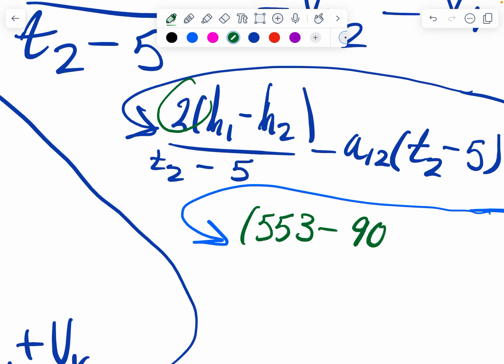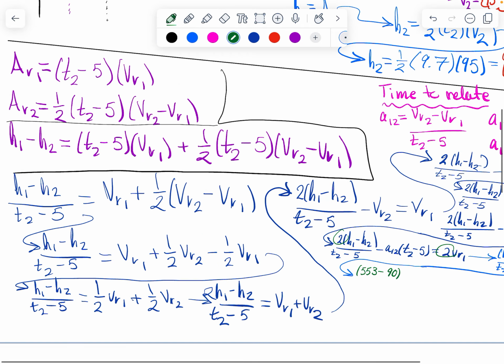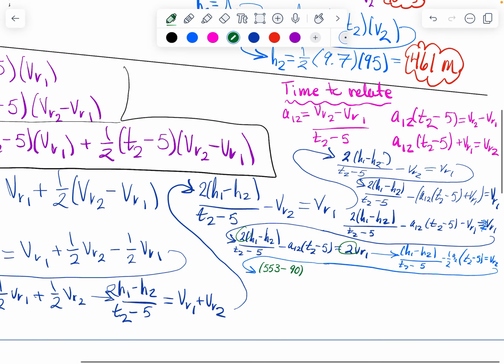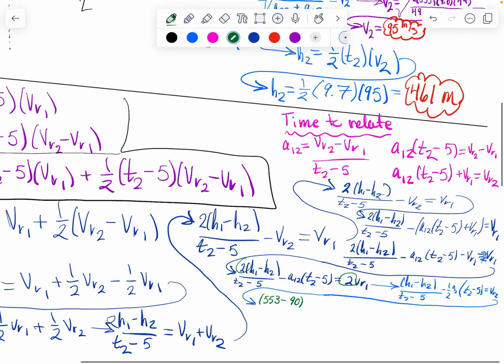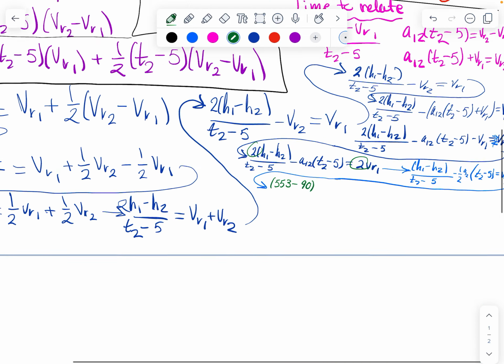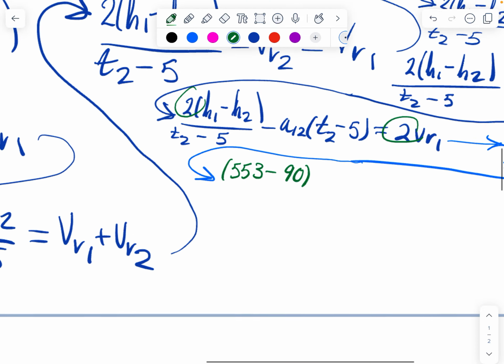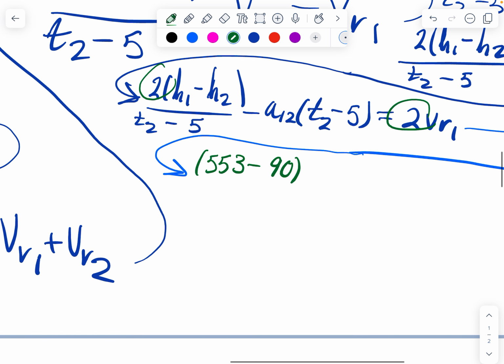Yes, sir, because we found that using a relation earlier with the Rocketeer.